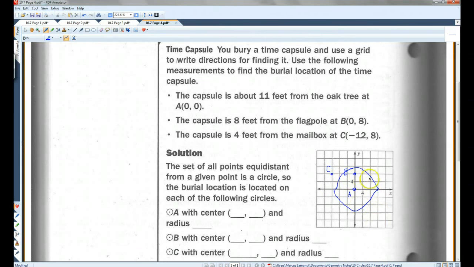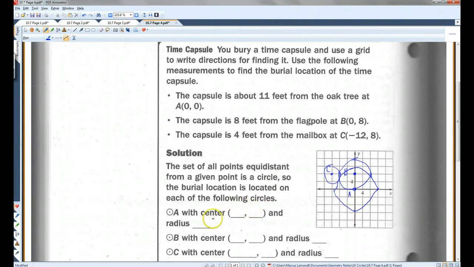B, it was 8 feet away, so it's a little bit easier. There we go. And C was 4 feet away. So, close enough. These all should intersect somewhere here.